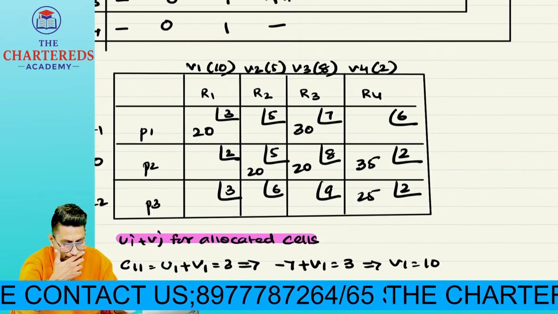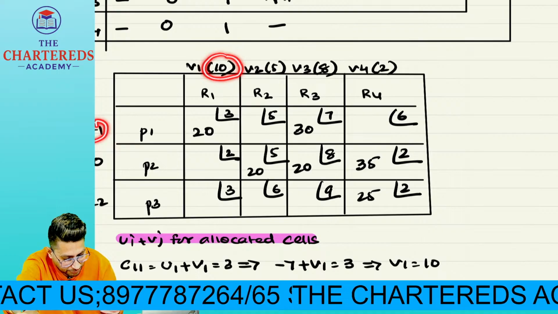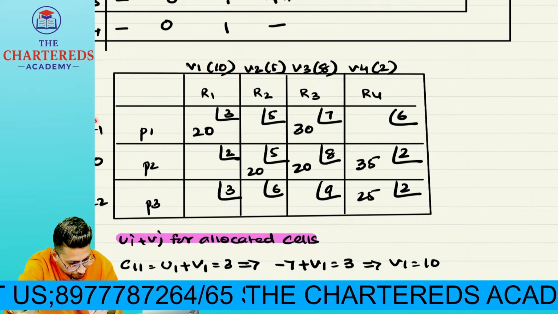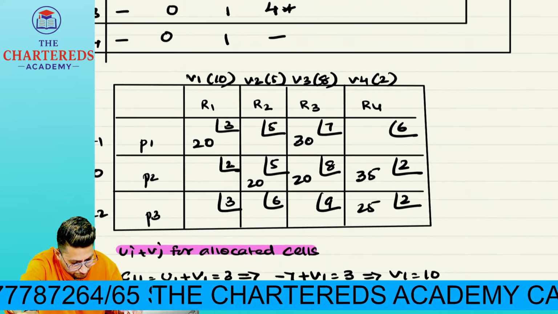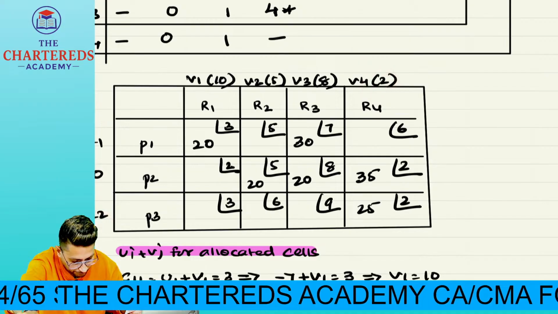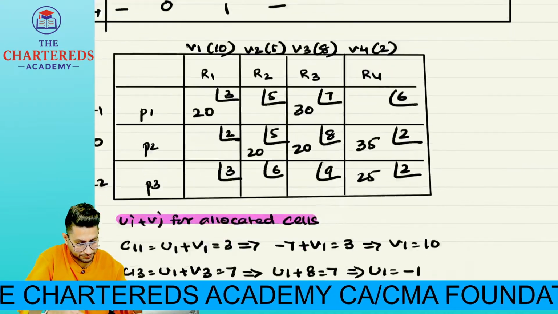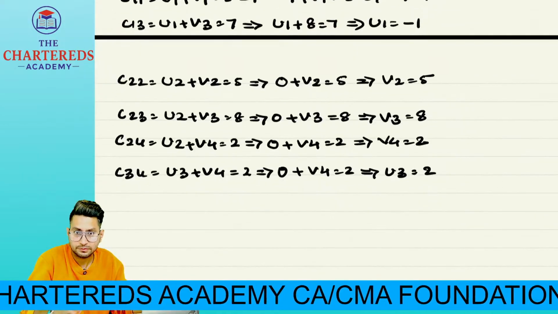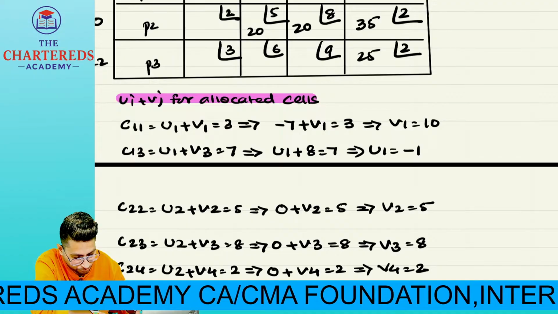Just check once here. See, minus 1, clear? Minus 1 here, and here we have 2. Somewhere we have done wrong. Which one? V1.